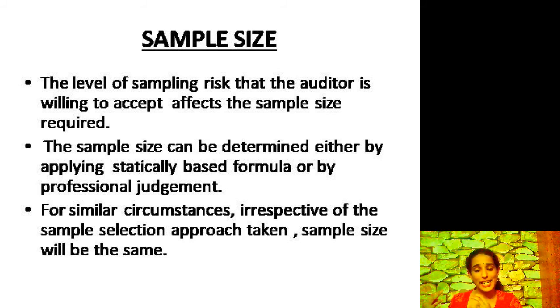This factor affects the sample size required. Say the auditor is willing to accept a huge sampling risk, then the sample size can be very small. It depends on the level of sampling risk the auditor is willing to accept.